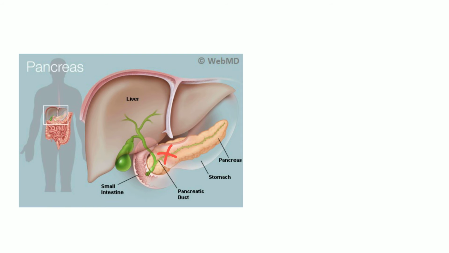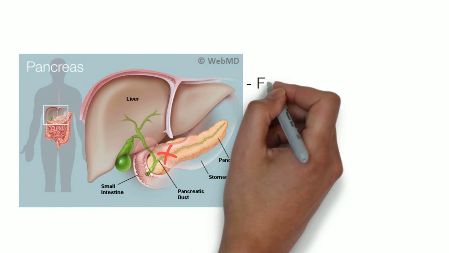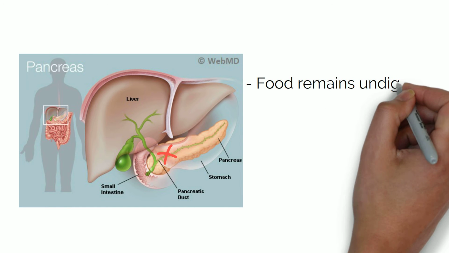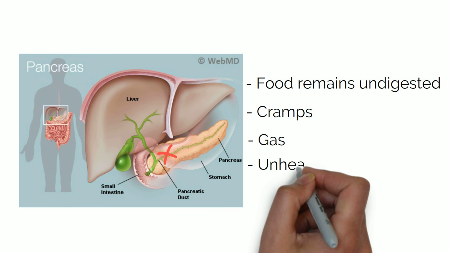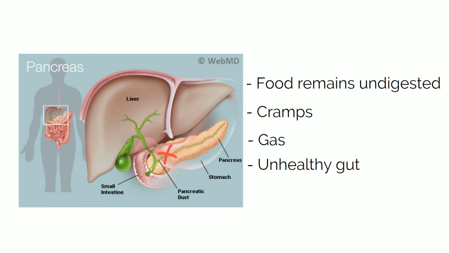In cystic fibrosis patients, these proteins are defective, trapping the chloride ions inside the cells. Therefore, the mucus becomes thick and sticky. The lack of digestive enzymes being transported into the intestines due to this blockage then means that food remains undigested, giving rise to pain, cramps, gas, and overall an unhealthy gut.